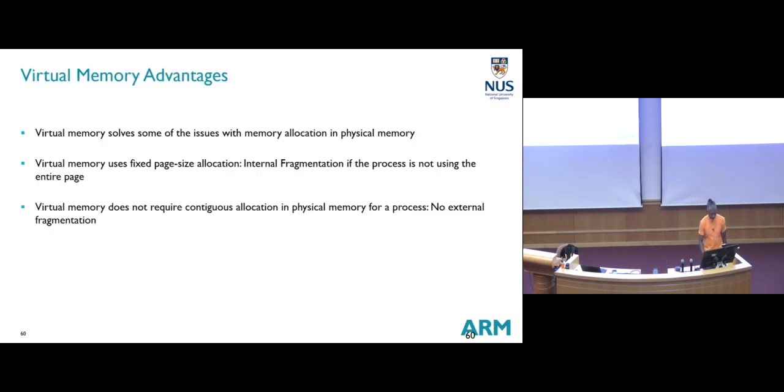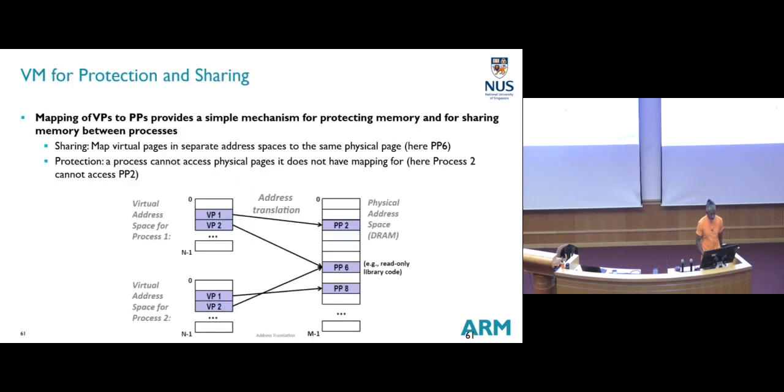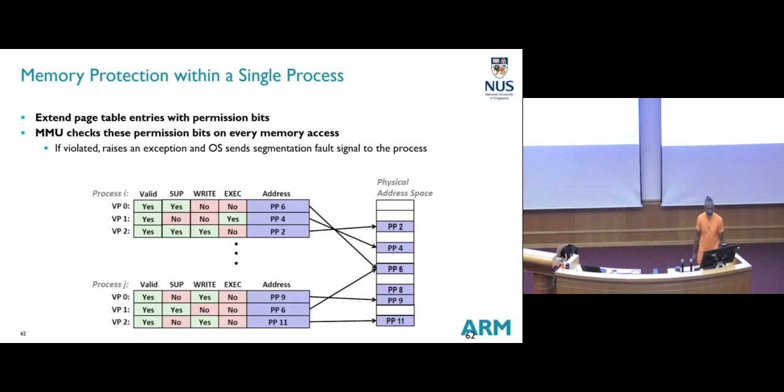In terms of protection and sharing, if I have, for example, two processes trying to access the same physical page over here, then I can enable sharing. I can also protect my virtual and physical memory pages by having additional permission bits within my page table entry.